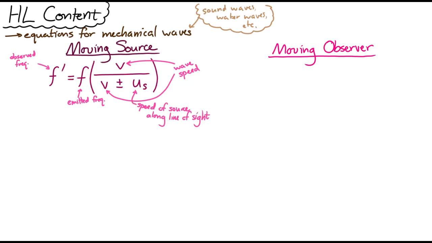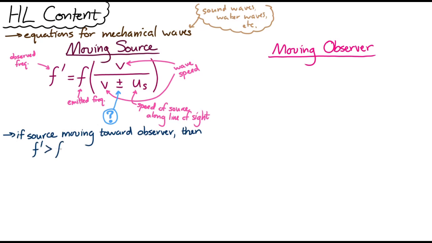Now, the other thing to be careful about, there's a plus or minus here. Which one do we use? Well, you got to think about it. And here's how you got to try to figure it out. So let's say that we have a source that's moving toward the observer. If we have a source moving toward the observer, then the frequency should be greater than the emitted frequency.